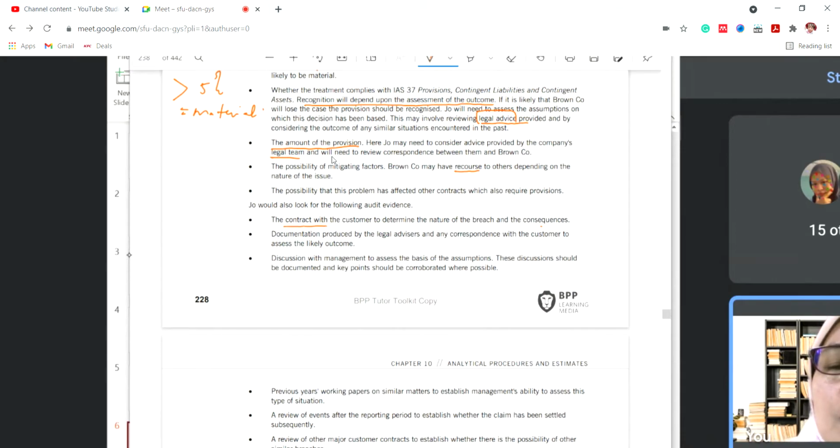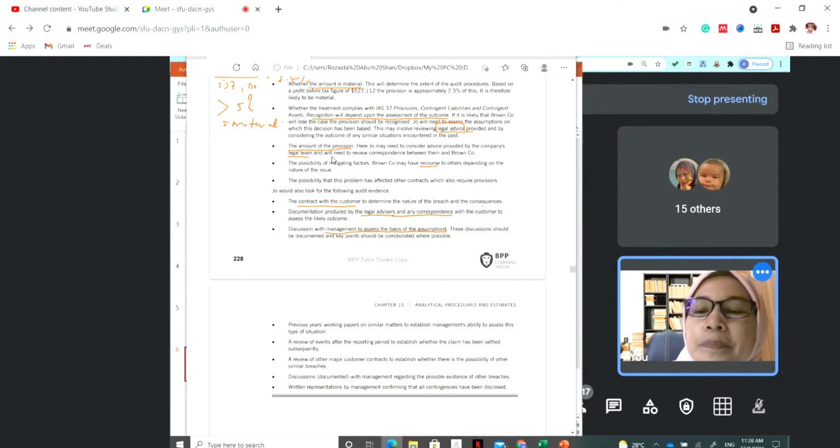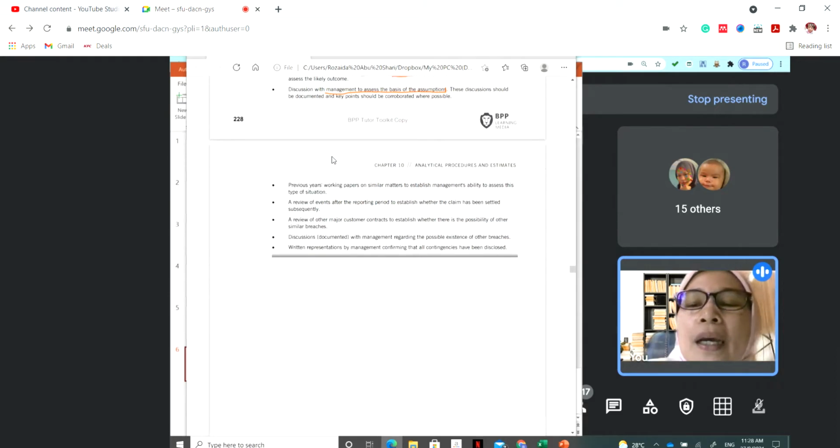Okay. And documentation produced by the legal advisor. So you have to check also any correspondence from the legal advisor, discussion with the management to assess the basis of the assumption. Okay, previous year's working paper on the similar matters. You have to check also because this is pending litigation.